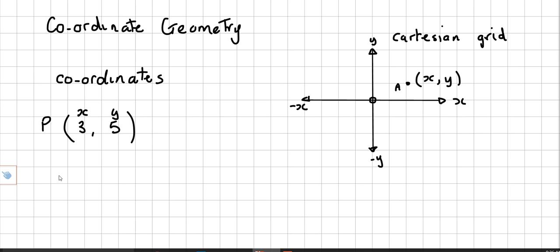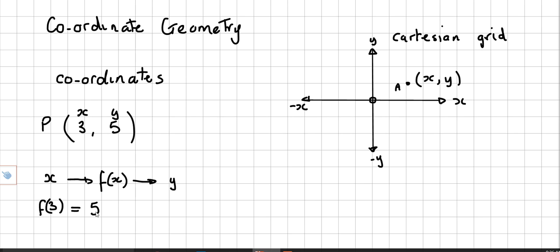Well, it means that if I put x into a function of x, I get an output that I call y. So another way of writing that would be f of 3 equals 5.